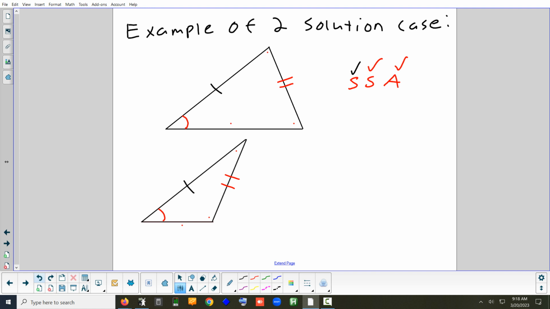So set up your proportion. Right, and let's start with what I'm going to put on the left. Casey, what can I put on the left side?